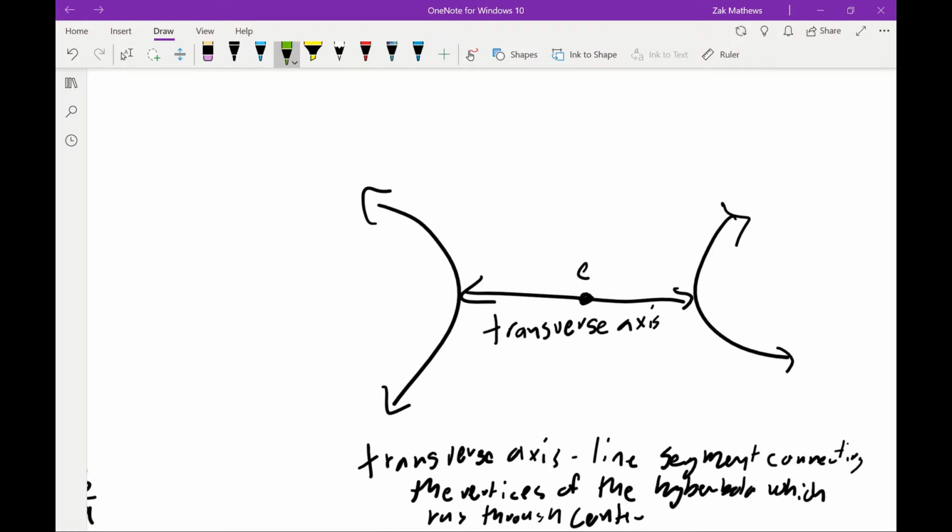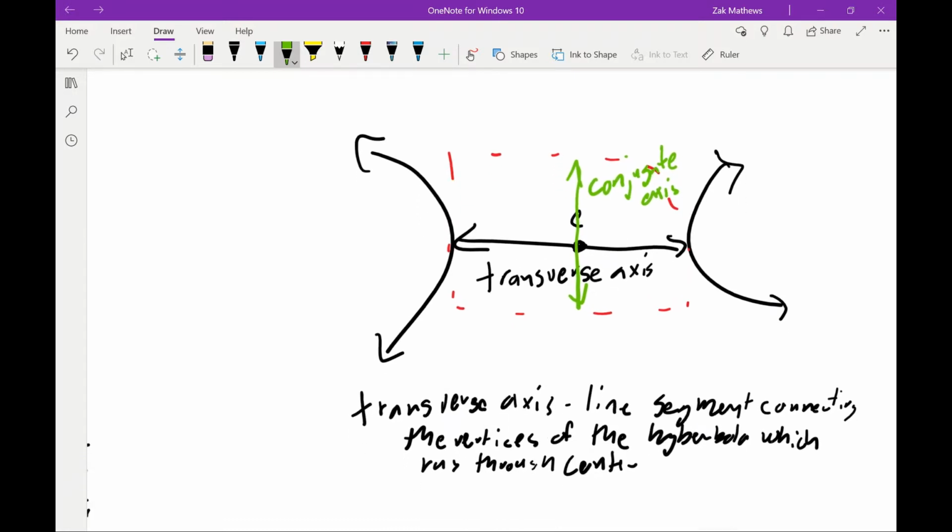The transverse axis is very intuitive, but because that other direction was less intuitive, we have to think about that imaginary box. Again, it is imaginary, but it gives us a nice frame of reference. And connecting the other sides of the imaginary box, we have a line segment that doesn't really exist, but connects two sides that don't really exist. But to give us that measure, it is called the conjugate axis.